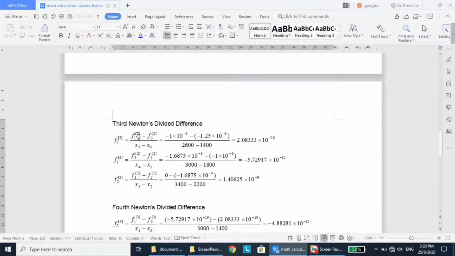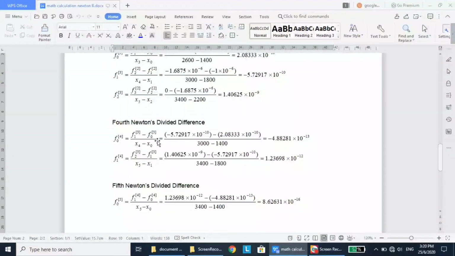For the third, we have 3 formulas. For the fourth, we have 2, and for the fifth, we have 1. Step 4 is repeat step 3 until we get one formula, like this.